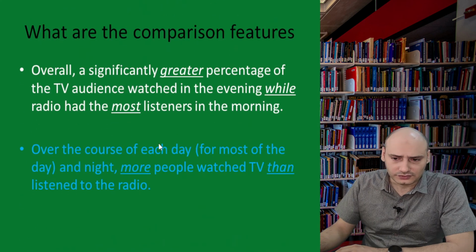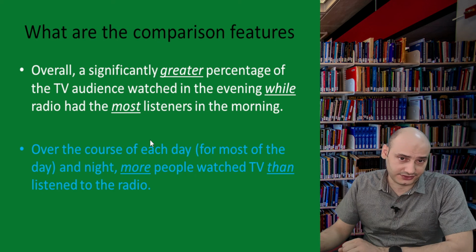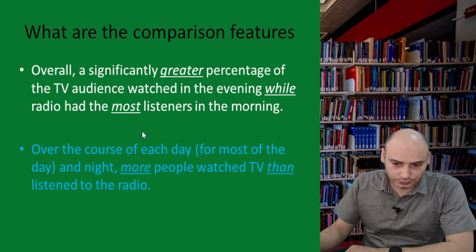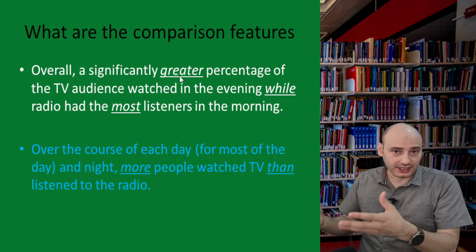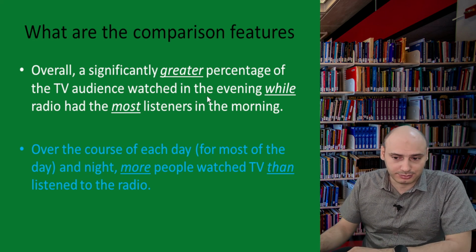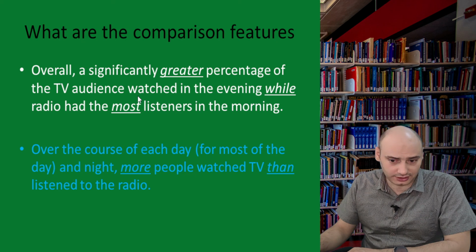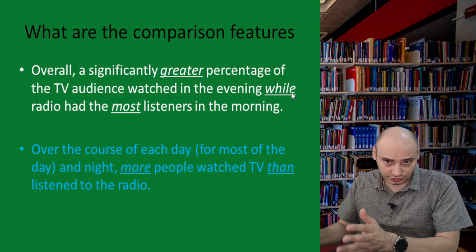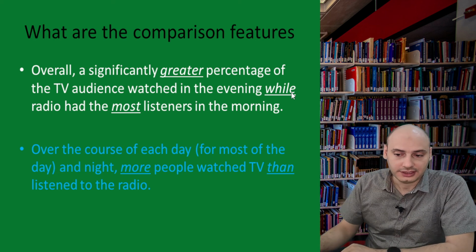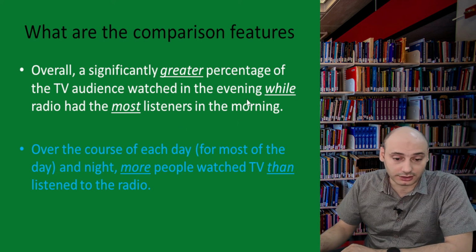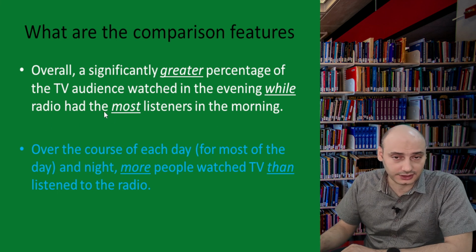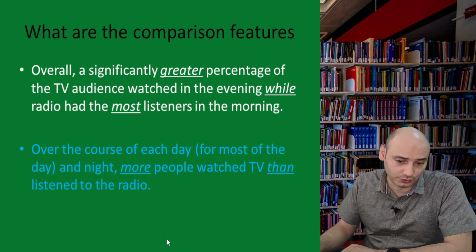Now, what are the comparison features in the sentences that we wrote? We've written these two sentences. Let's look at them. Overall, significantly greater. So you must have some comparison features like greater percentage of the TV audience watched in the evening, while, which means on the other side of the argument or of the line, radio had the most, which is a superlative, listeners in the morning.